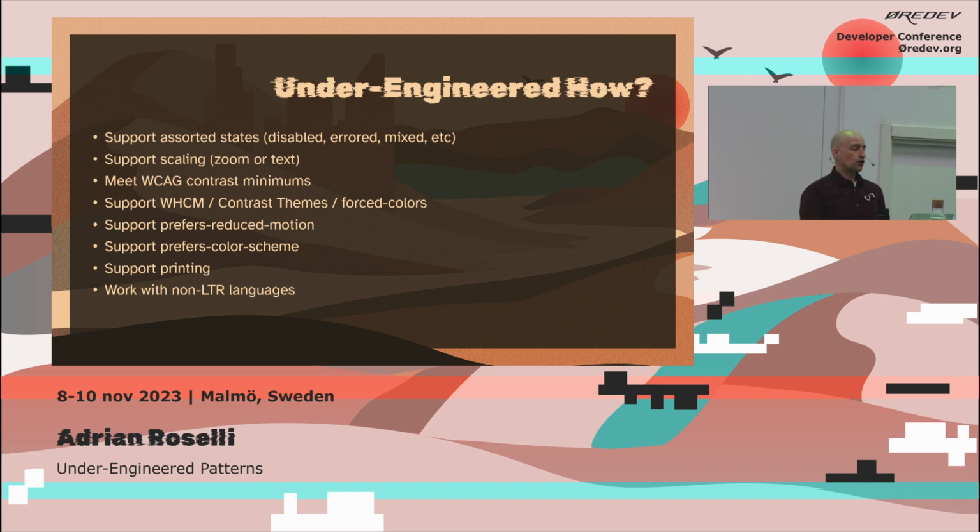So this is a talk about going back to the basics for the most part. And that's because from experience, once we strap on complex designs or move away from native interactions by default, we make the accessibility harder to achieve and the code becomes that much more complex. It's easier to introduce regressions, breaks, and other things. My patterns are accounting for assorted states, including disabled states, errored states.